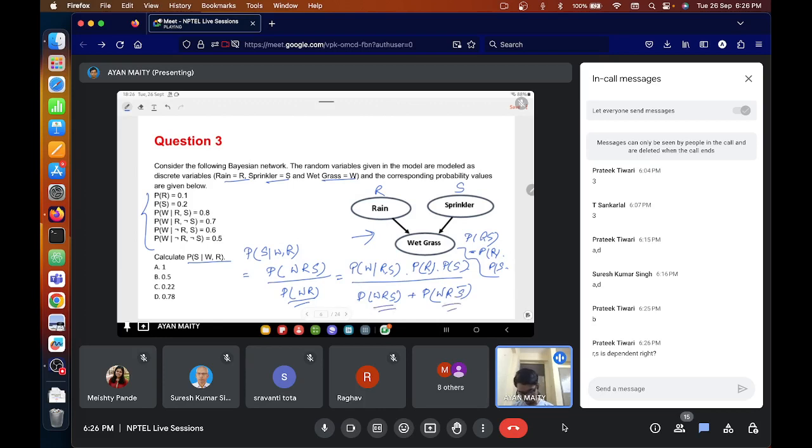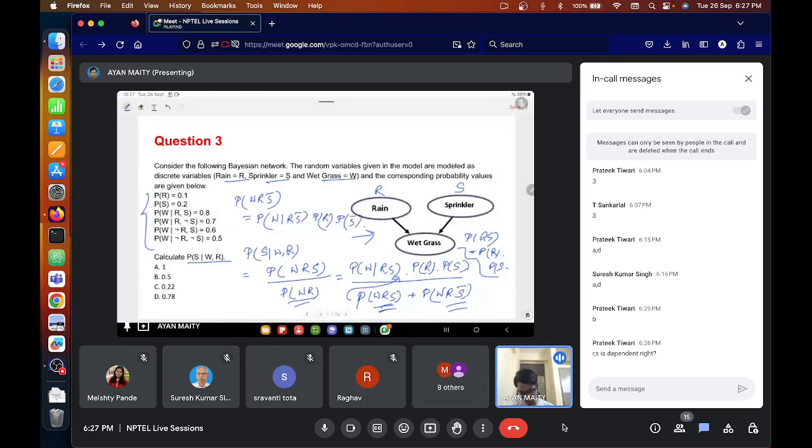The probability of WRS would be the same as the numerator, and you have to expand the probability of WRS complement similar to the numerator. It would be probability of W given R and S complement into probability of R into probability of S complement.